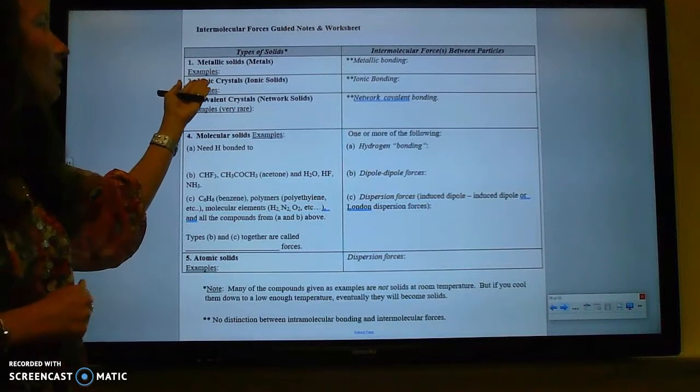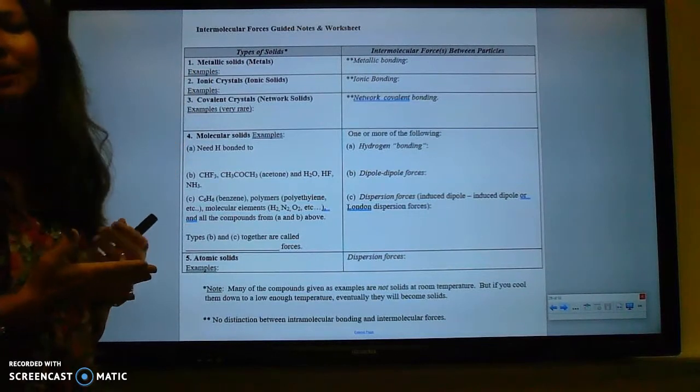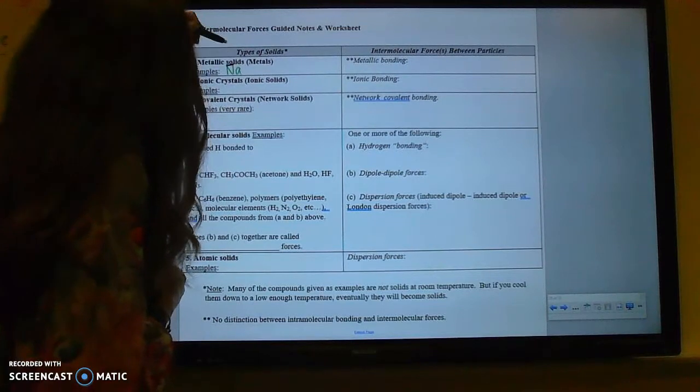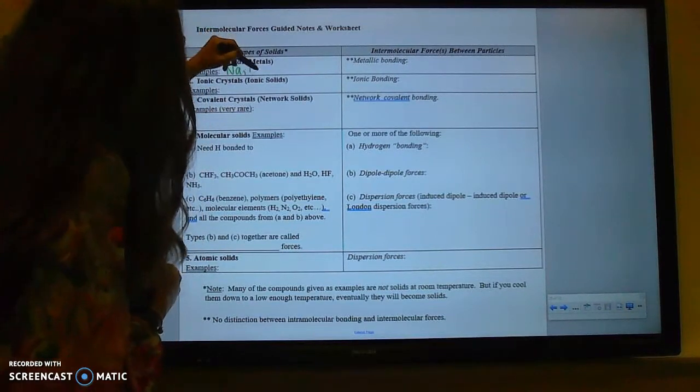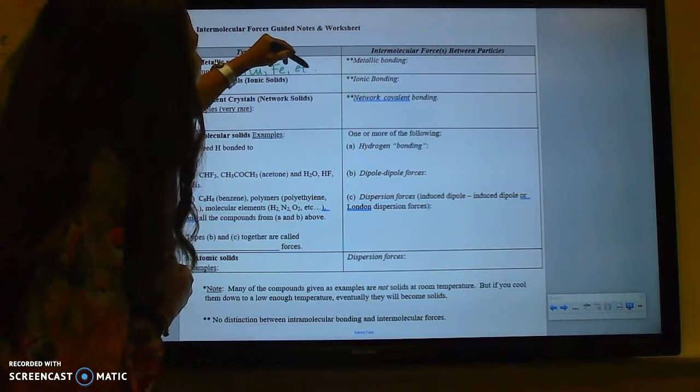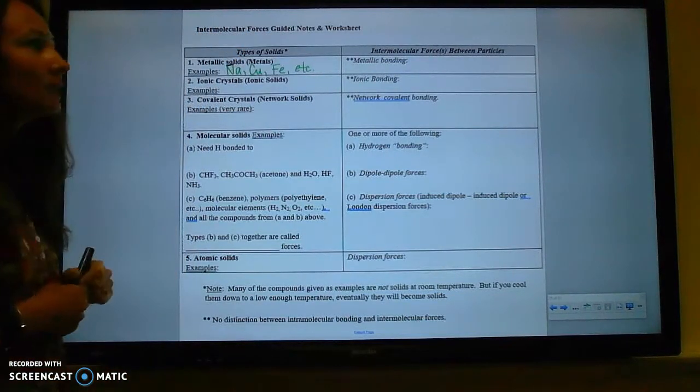For metallic compounds, those contain just metals. For example, you could have just sodium, just copper, just iron, etc. All of those are going to be metallic solids.